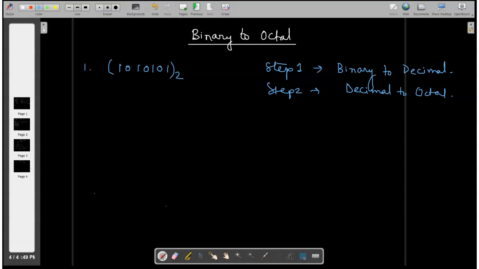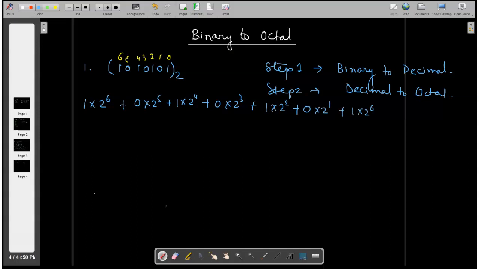Binary to decimal, we have just learned. If you want to label it, let us label it 0, 1, 2, 3, 4, 5, 6. Total 6 digits. So 1 into 2 to the power of 6 plus 0 into 2 to the power of 5 plus 1 into 2 to the power of 4 plus 0 into 2 to the power of 3 plus 1 into 2 to the power of 2 plus 0 into 2 to the power of 1 plus 1 into 2 to the power of 0.